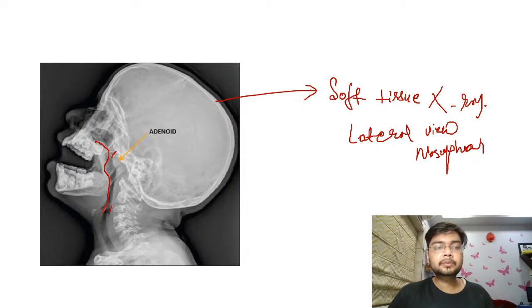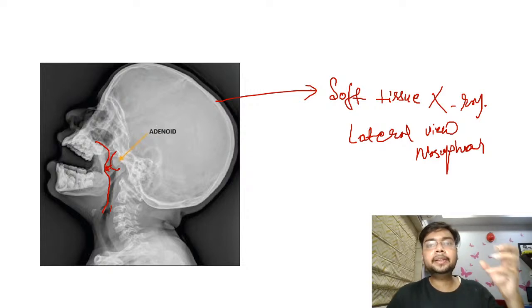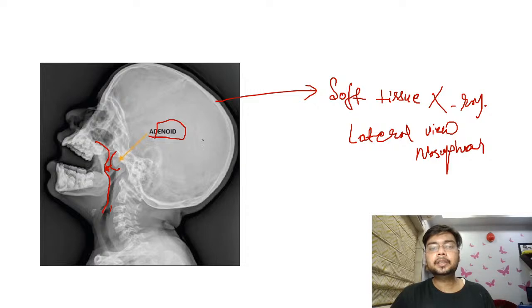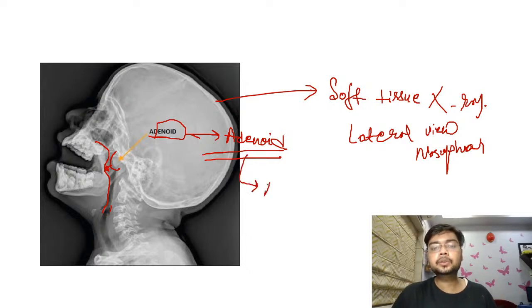Here you will see one protruding thing, that is the adenoid. Many a time this adenoid is so big that it fills the whole airway, and then we call it adenoid hypertrophy. If it is filling the whole airway and causing symptoms, you do adenoidectomy.